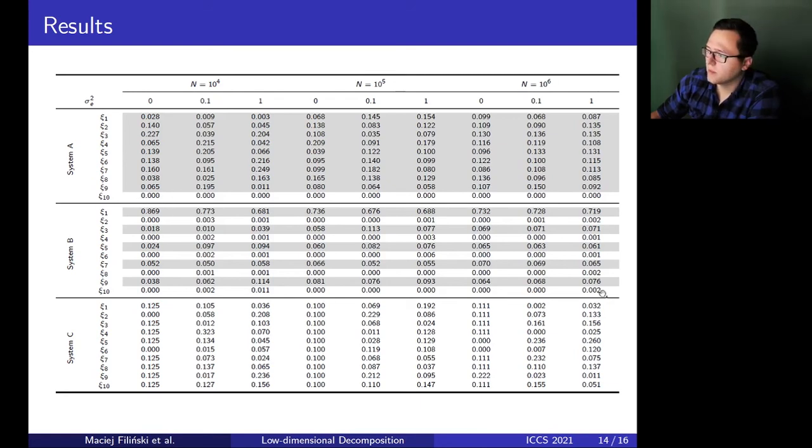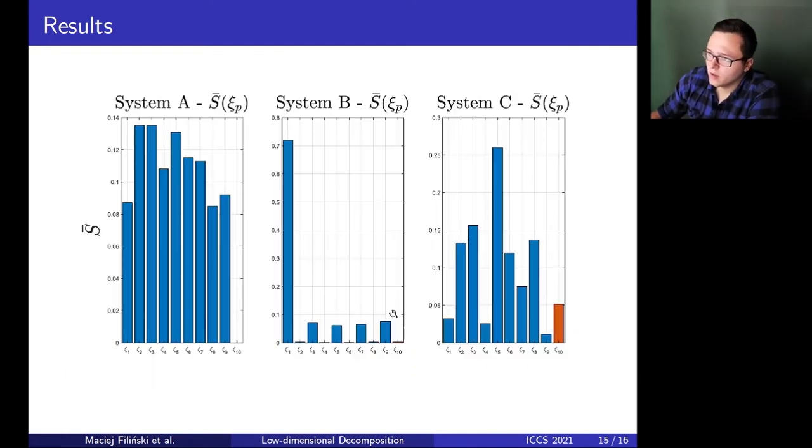Here we have the same situation, but in the third system we have some problem, because the value of the reference separability factor for Xi10 is much higher than in systems A and B. But it's not a big problem, though the values are much higher.